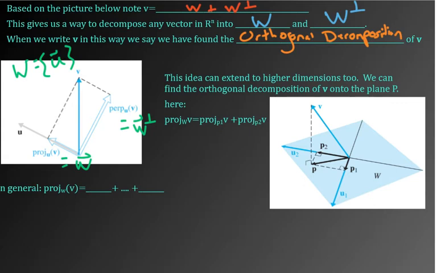We've basically just broken V down into two parts that are perpendicular to each other, right? And this can be extended to any number of dimensions. I could have put a 3D vector down here, and I could have built it out of 3 perpendicular parts. That's fine too.